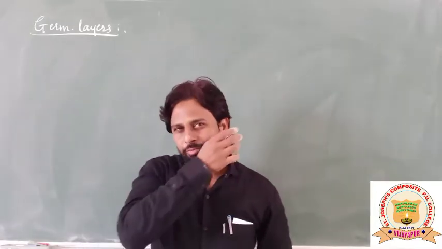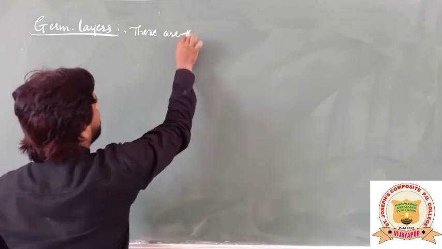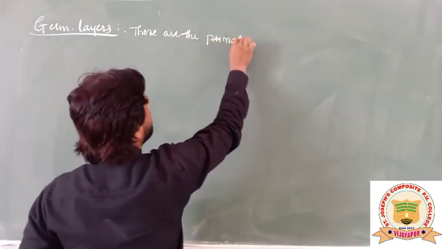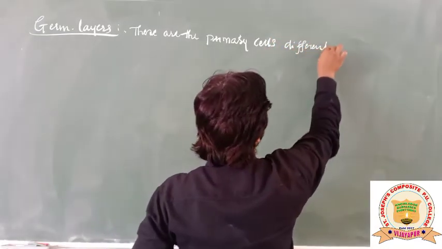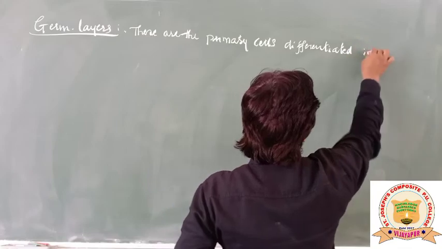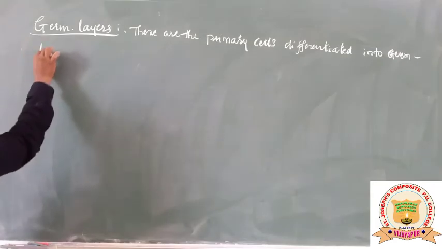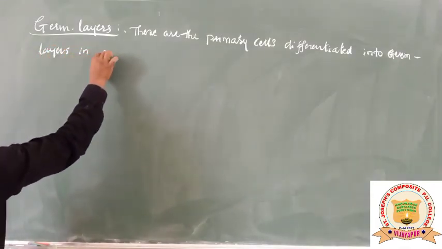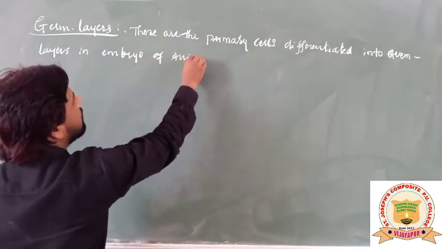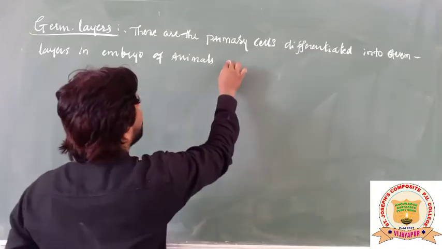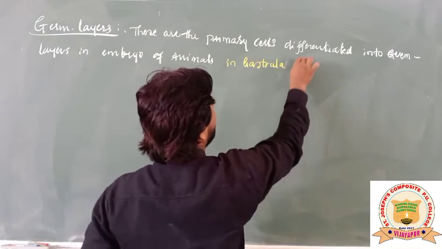Students, basically these are the primary cells differentiated into germ layers in embryos of animals in the gastrula stage.